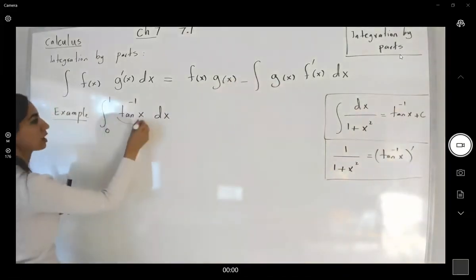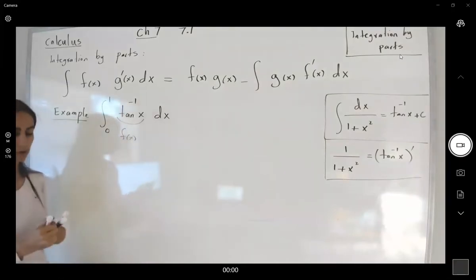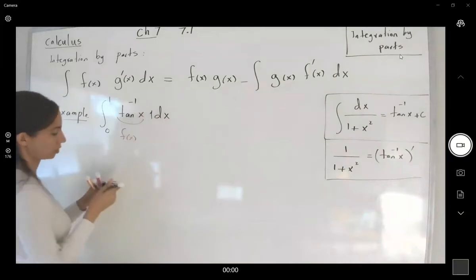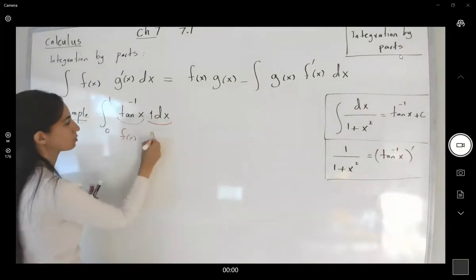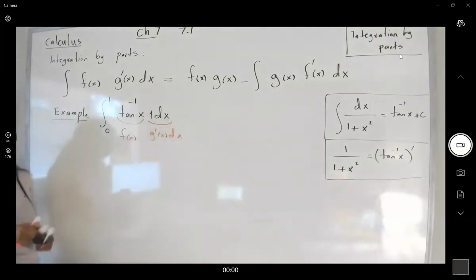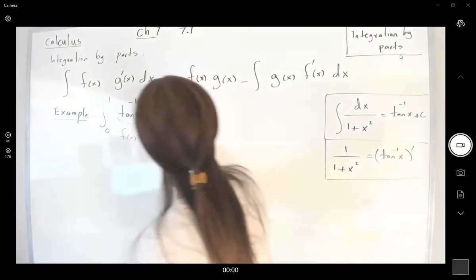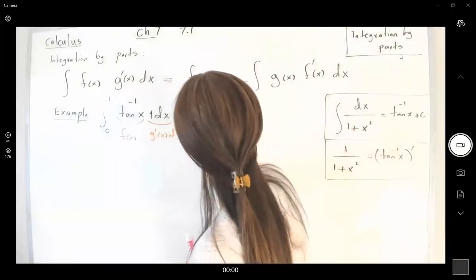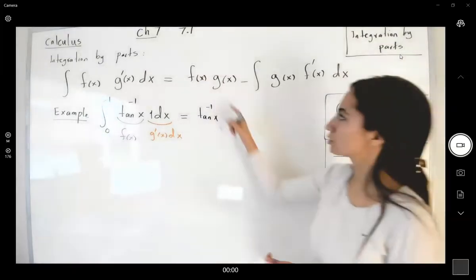Okay. Suppose this guy is your f of x, and your g prime is invisible, so it is 1 times dx. 1 times dx be your g prime of x dx. Okay. Well, following the formula says this guy is equal to f of x, which is inverse tangent of x, times g of x.